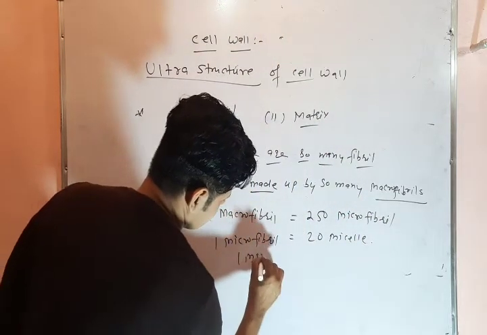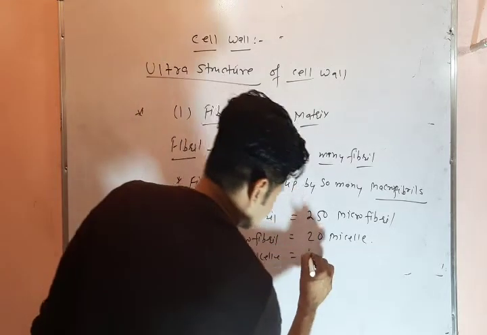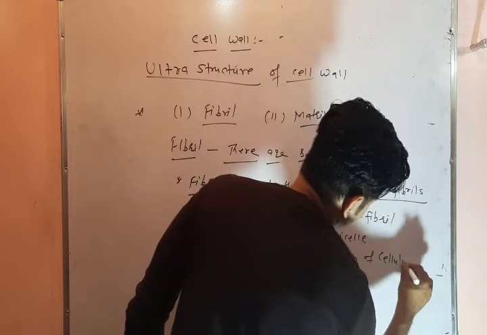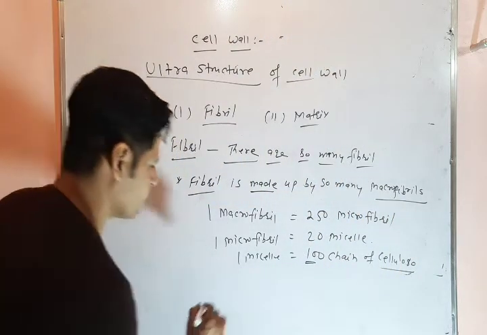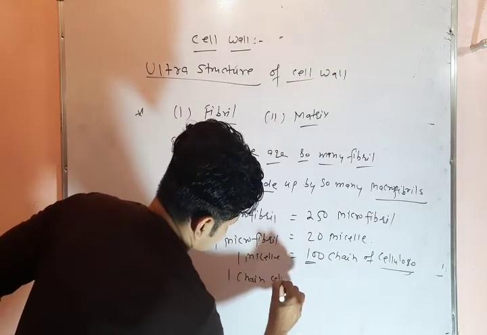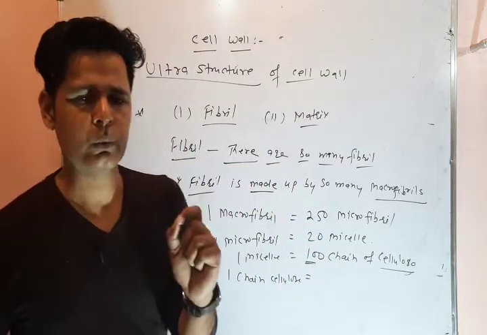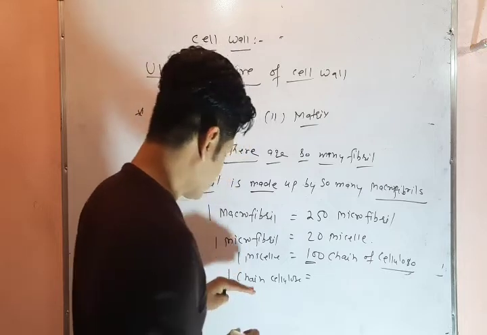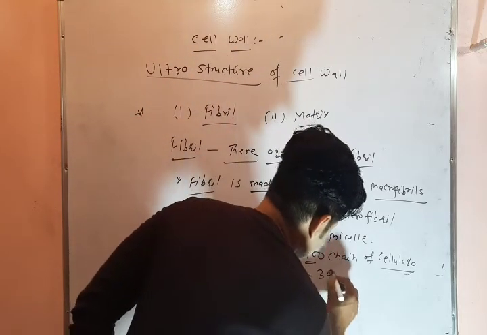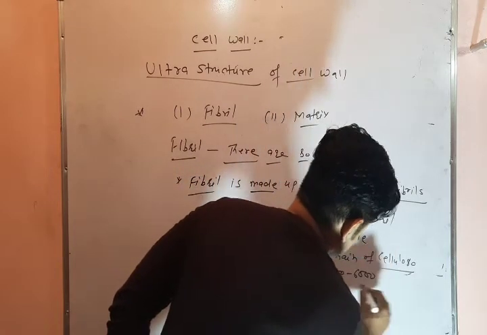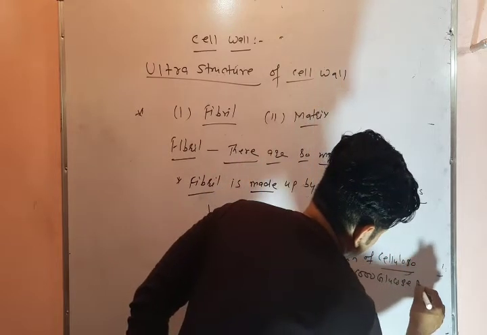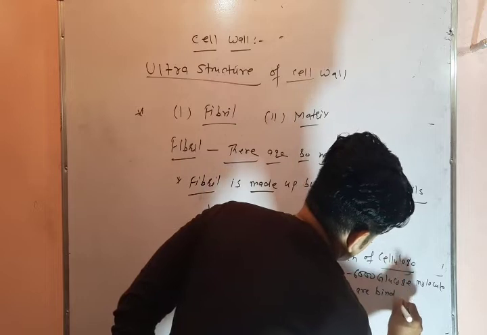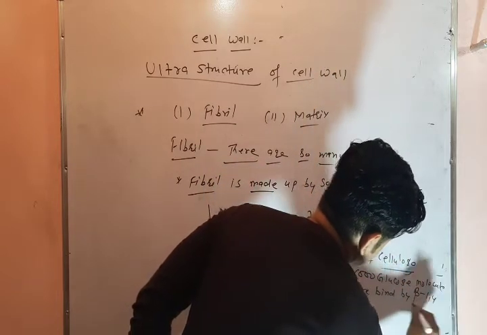And one micelle is composed of 100 chains of cellulose, and one chain of cellulose is composed of 3000 to 6000 glucose molecules which are bound by beta 1,4 linkage.